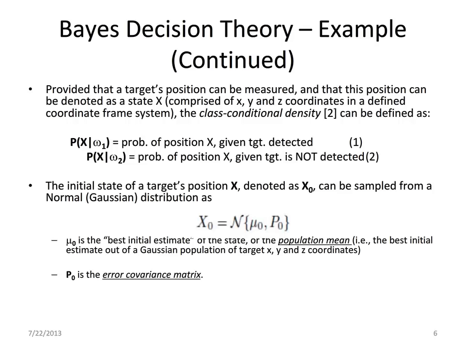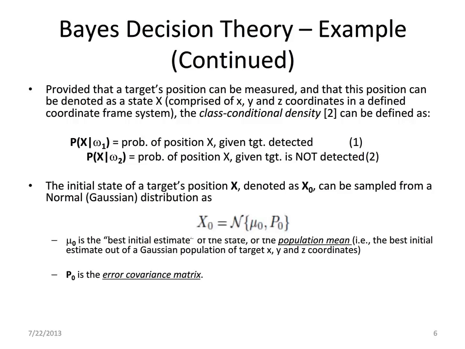Equations 1 and 2 define the likelihood functions of a target being detected or not detected given the position or state x of the target. We just saw those equations on the previous slide. Knowledge of both the prior probabilities coupled with these likelihood functions allows posterior probability to be computed for each state of nature. State of nature in this case being a target's detected or it's not detected.